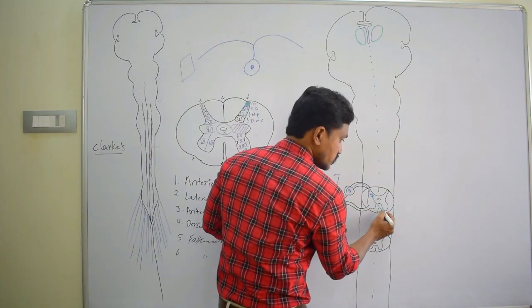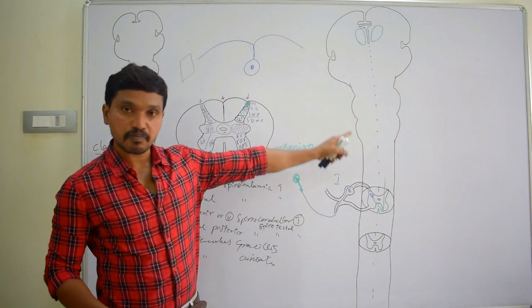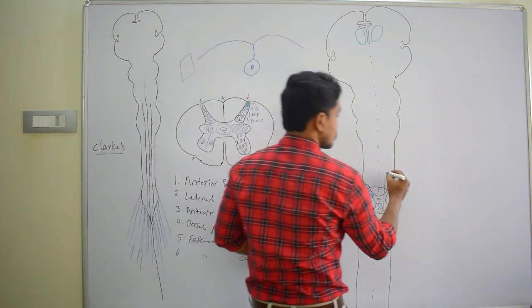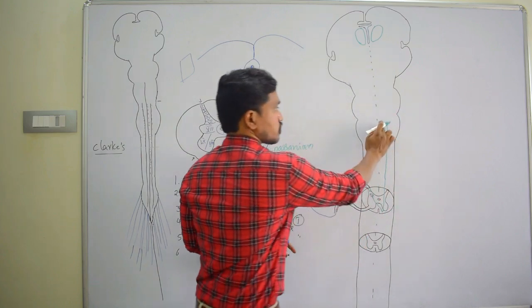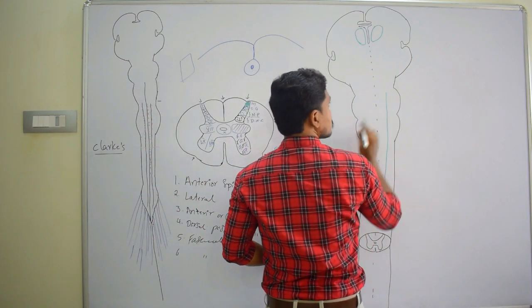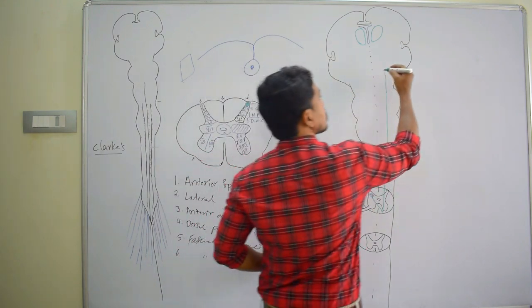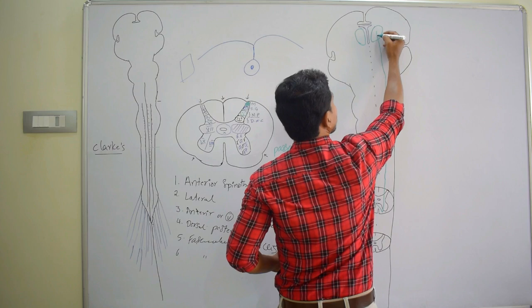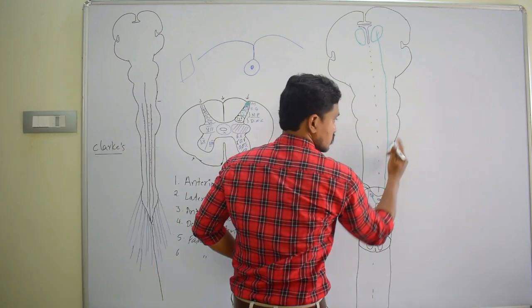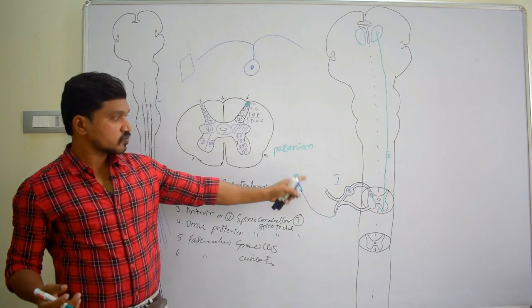Then in the opposite half of the spinal cord it ascends up. It ascends through the medulla oblongata, through the pons, and through the midbrain. Then it reaches the thalamus and terminates. This is the second order neuron. The second order neuron arises from the nucleus proprius.